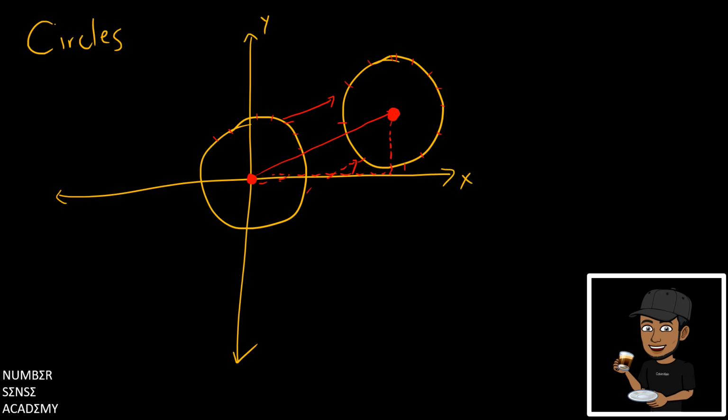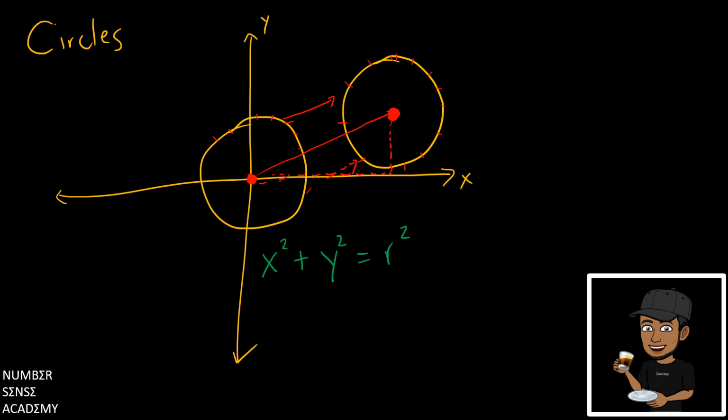Because the center is different, the equations that we use will be different. If a circle has the origin at 0, 0, then the equation for the circle is x squared plus y squared equals r squared.